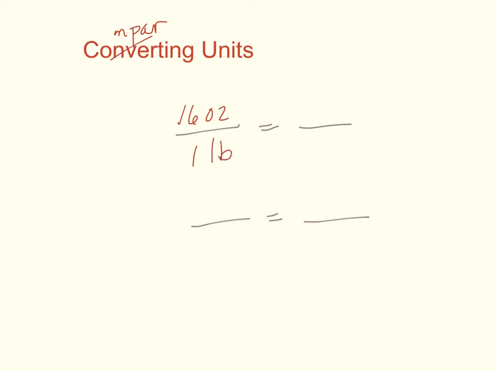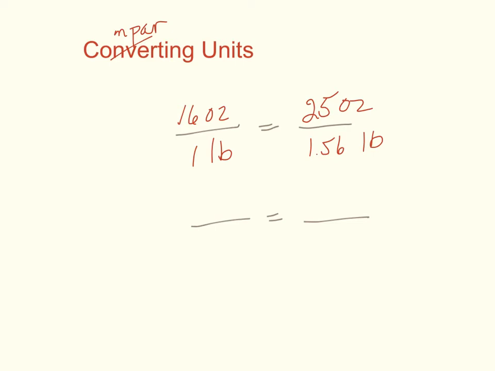But I don't have 16 ounces. I got 25 of them. So what is that in pounds? Well, that happens to be 1.56, etc., approximately. We'll round it to that. Pounds. Okay, so now I know how many pounds I have.